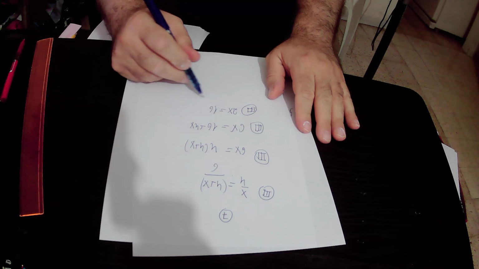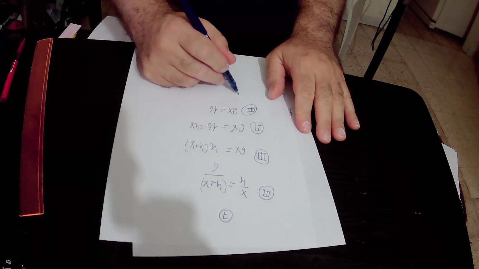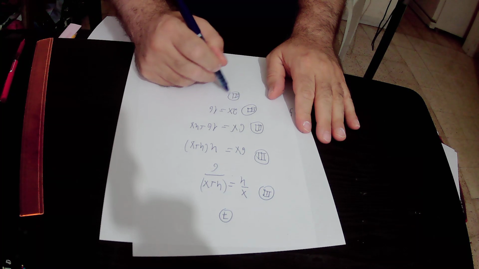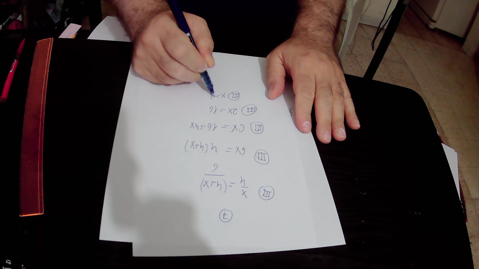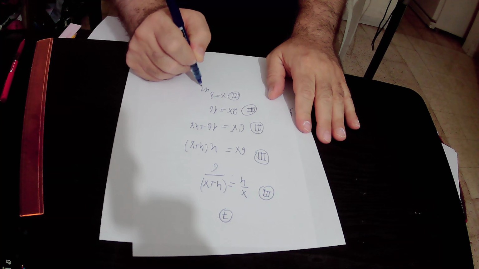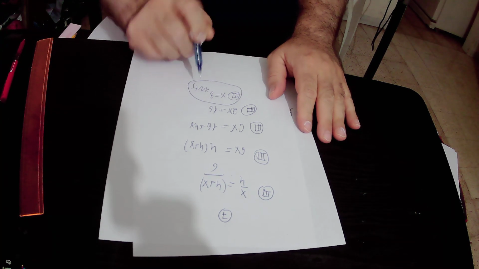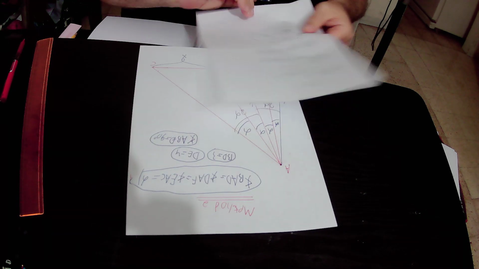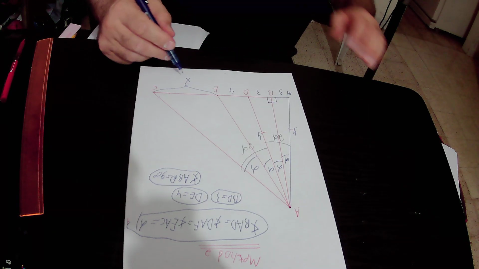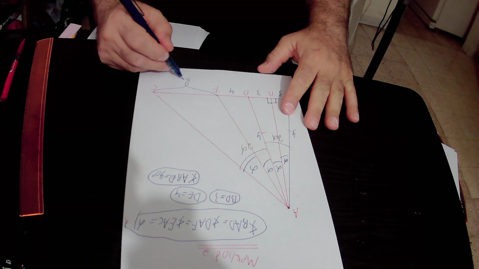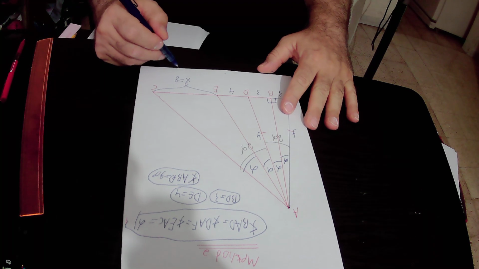Here we will divide this equality by 2, and we will get that x equals 8 units. So we found again that the value of x is 8 units. Here x, which equals EC, equals 8 units.